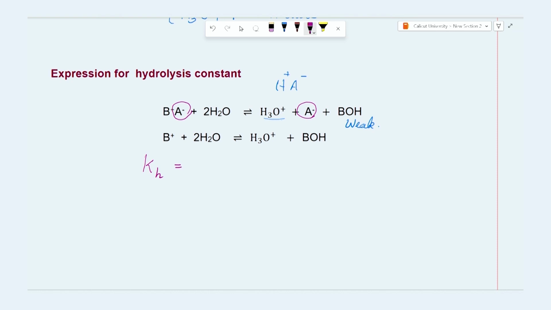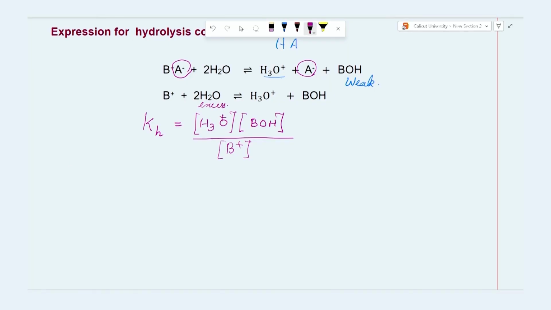KH will be equal to, considering water to be present in excess, the concentration of H3O plus into the concentration of BOH, whole divided by the concentration of B plus.